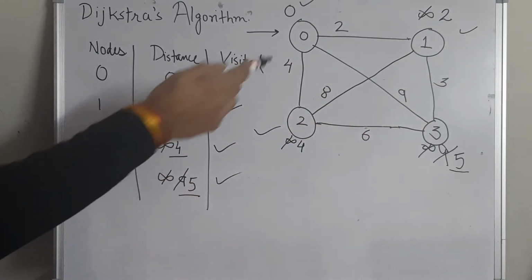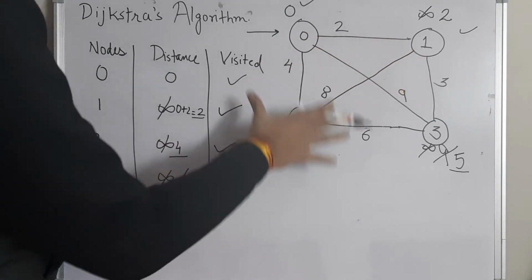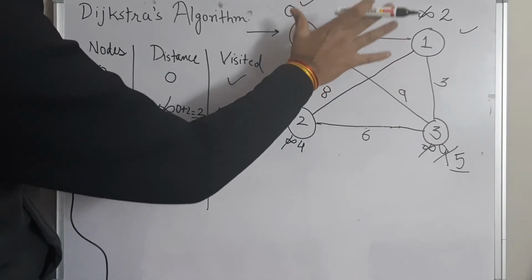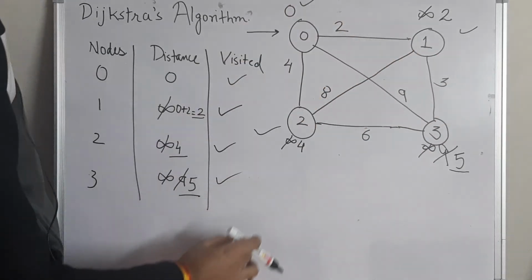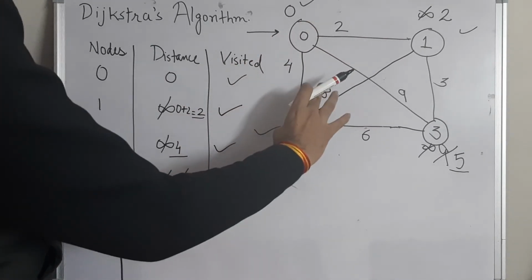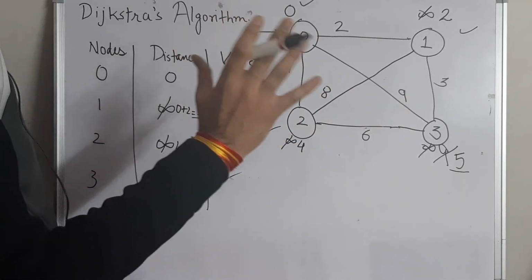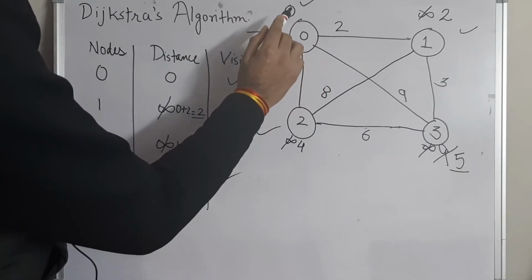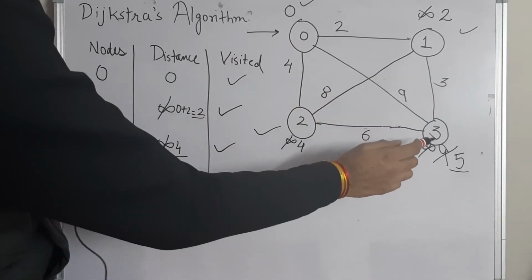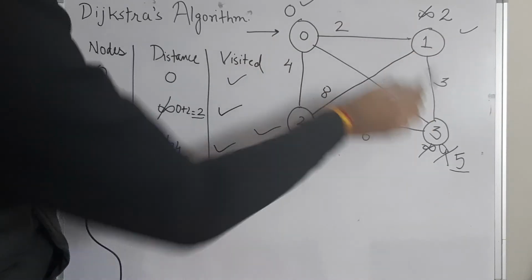We can verify from the graph that the minimum distance from any path between 0 and 1 is always 2. You can check it. The minimum distance between 0 to 2 is always 4 from any path of the graph. We can verify it. And the distance between 0 to 3 for any path of the graph is 5, through 0 to 1 and 1 to 3.